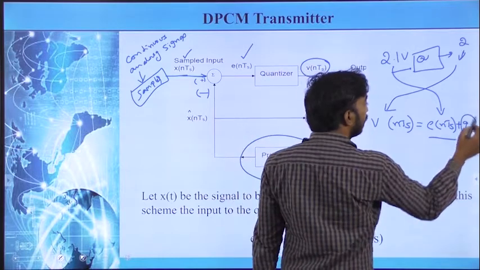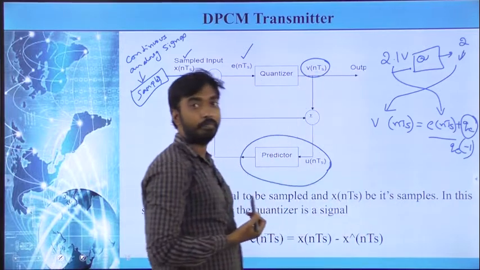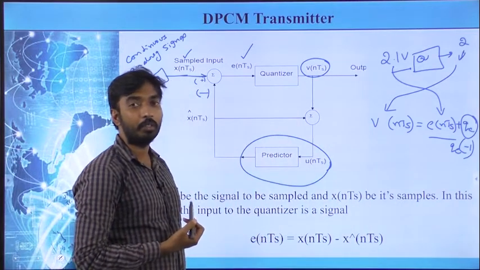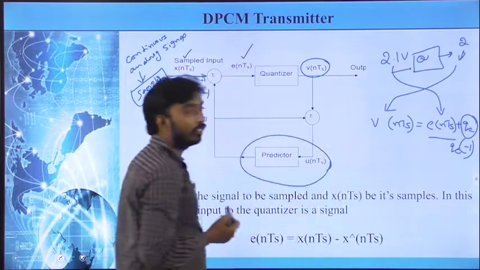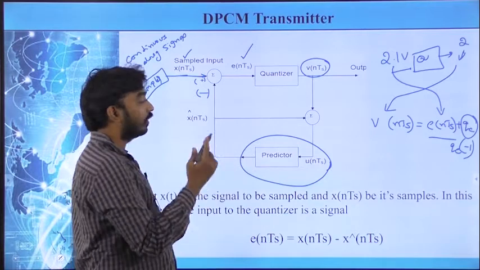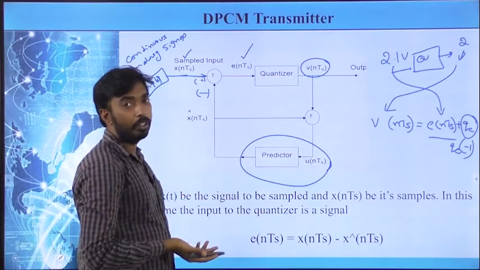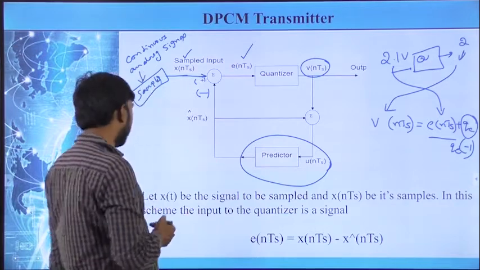And what is the quantization error here? Quantization error is nothing but -1. Q is equal to -1, right? And this I am giving to the encoder, right? The encoder will convert it into binary, and that binary signal will be transmitted over a channel, right?